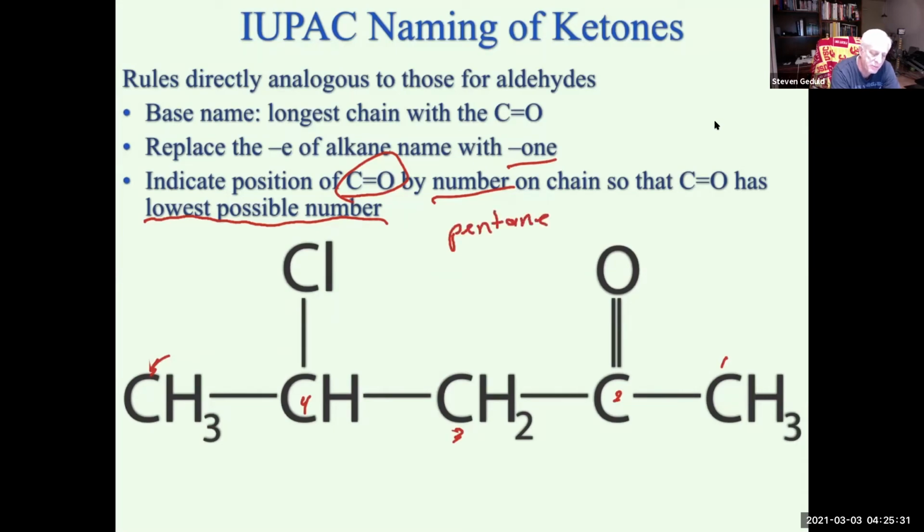It's a ketone because the carbonyl group is between 2 carbons, so we drop the E and add O-N-E. The carbonyl group is at the number 2 position, so 2-pentanone.